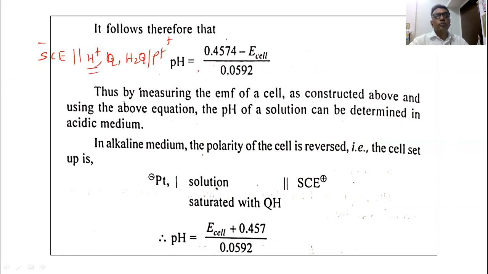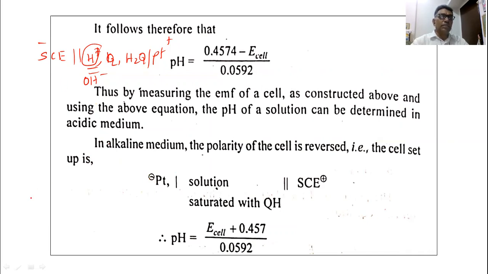Now it is the acidic medium. Suppose that alkaline medium is given in place of hydrogen ion. OH minus ion is given here. Then the polarity of the cell is reversed. So this electrode is now on the left hand side.